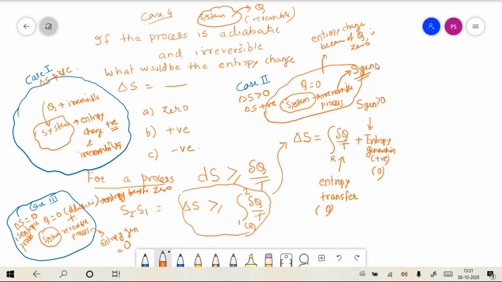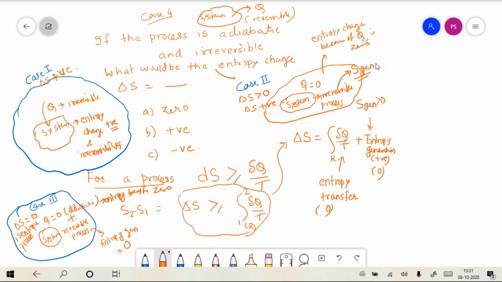So if you think of the problem which I had given, the process is adiabatic and the process is irreversible. So which case is it? The process is adiabatic, so it is case 2. If the process is adiabatic, the entropy transfer would be 0.